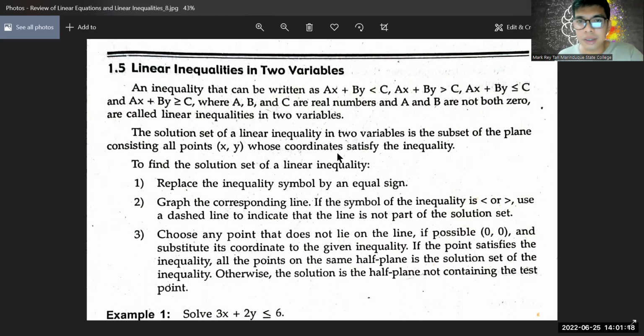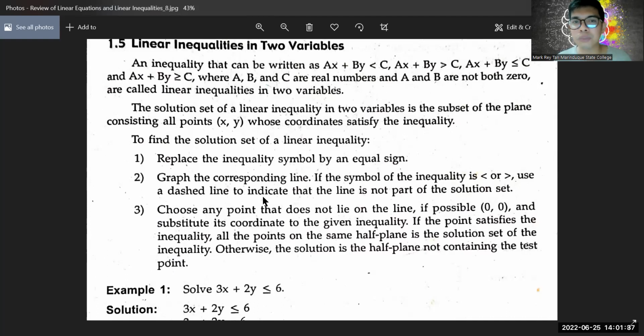The solution set of a linear inequality in two variables is the subset of the plane, consisting of all points whose coordinates satisfy the inequality. So it would make sense a little later, no? Dun sa solution.